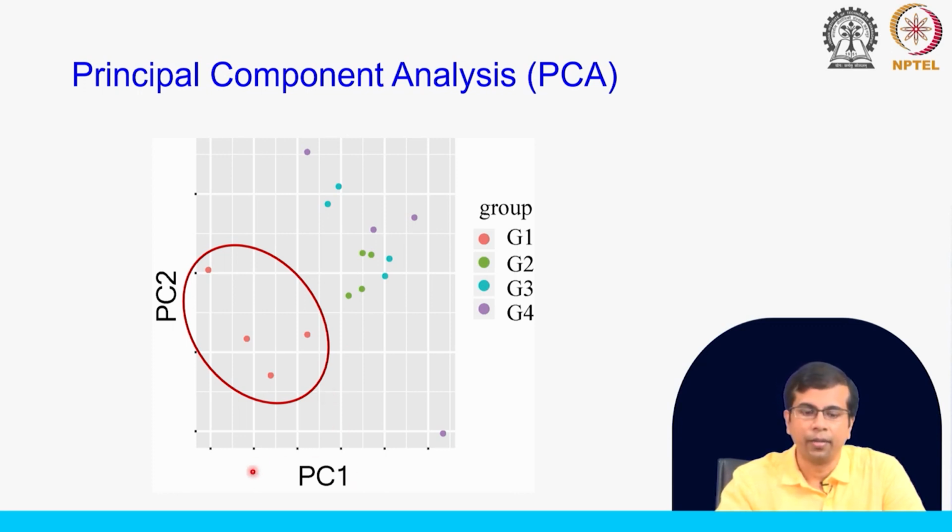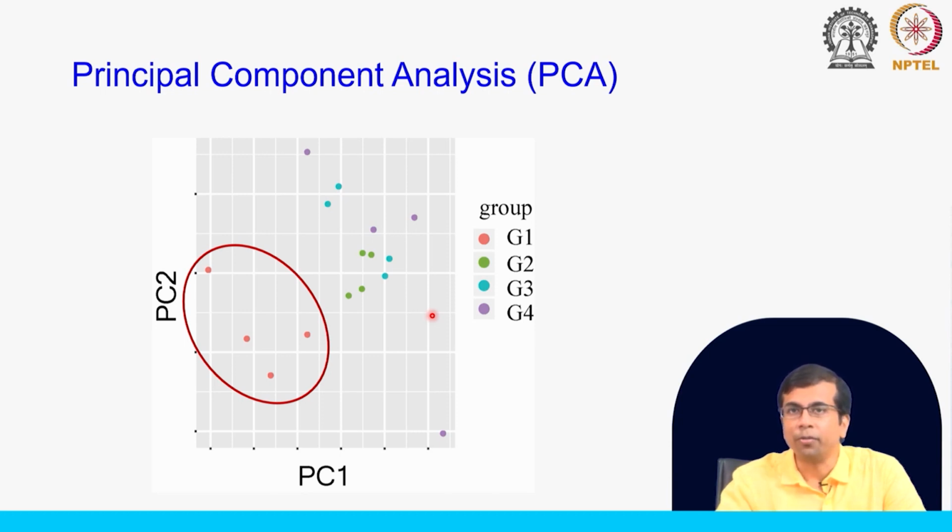Here we have two principal components, and we saw that we can isolate these 4 group 1 samples, which are separate from the rest of the groups. We also noticed that one of the group 4 samples stays far apart from all the other data. So maybe there is some issue with the library preparation or the sequencing of this sample.